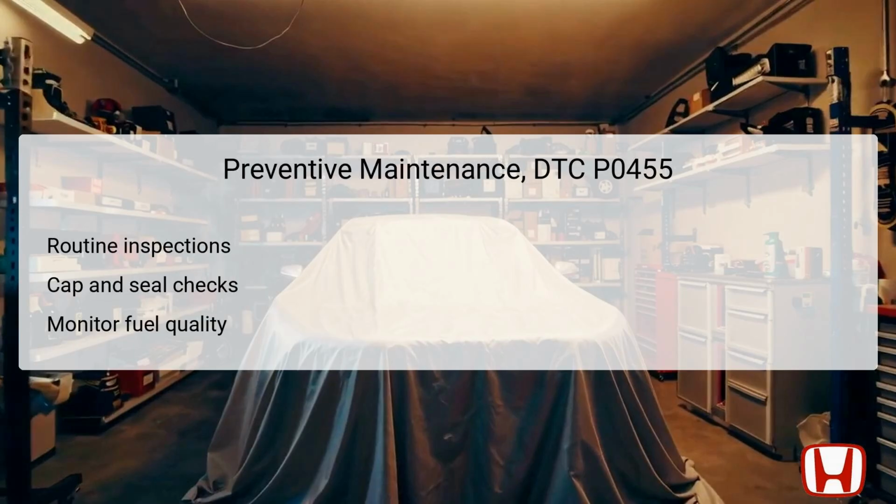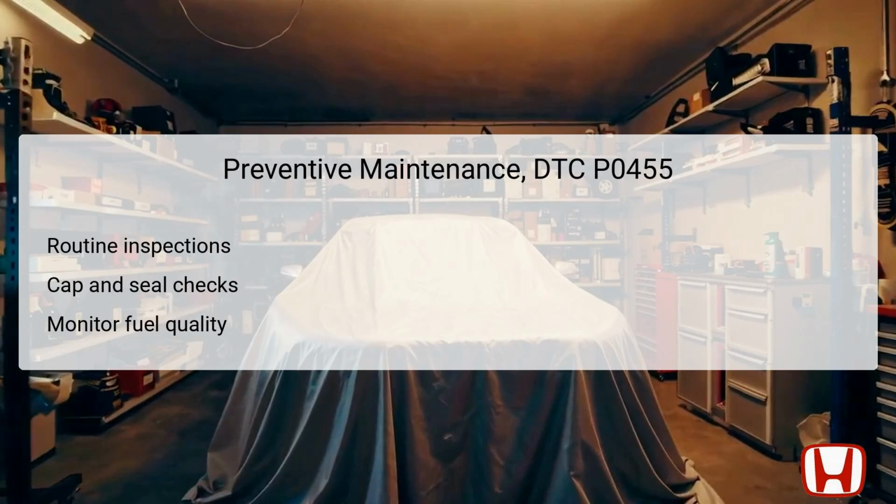Preventive maintenance is essential to avoid future issues related to the EVAP system. Regularly scheduled inspections can reveal early signs of wear or damage, especially with components like the fuel fill cap and its seal. Technicians should encourage vehicle owners to monitor these components closely, replacing them at the first sign of failure or damage.